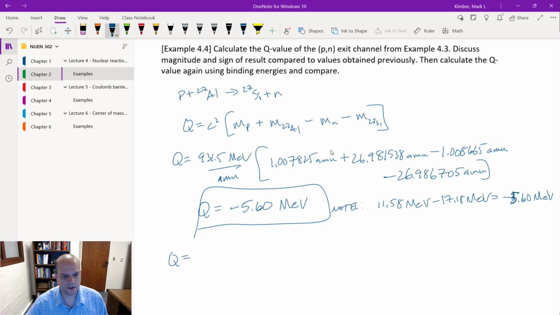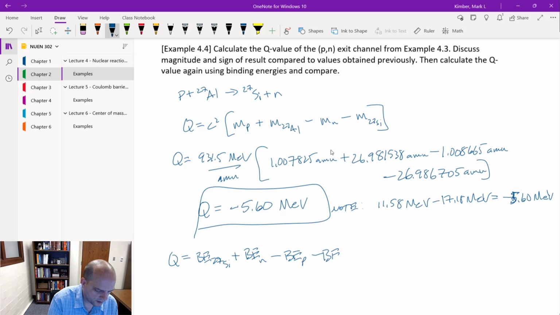We're going to look up the binding energy for, now let's do this. Q equals the binding energy of silicon 27, plus the binding energy of a neutron, minus the binding energy of a proton, minus the binding energy of aluminum 27.